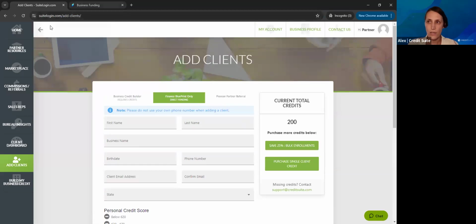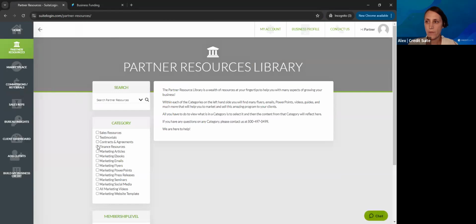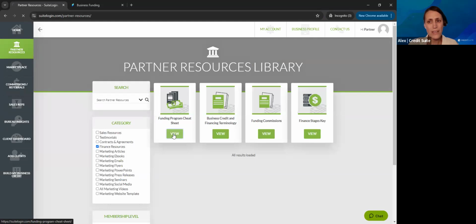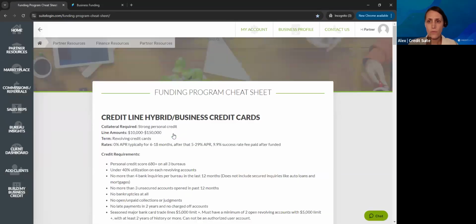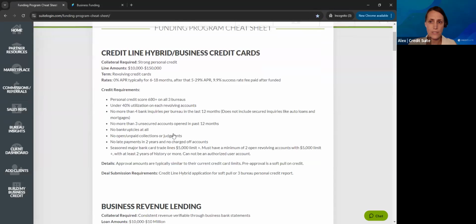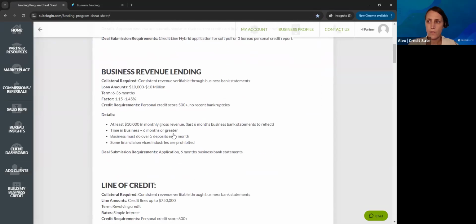What we do ask, let's go back to the funding program cheat sheet, is that before you put them in, make sure they have at least pre-qualification for one of these types of lending.